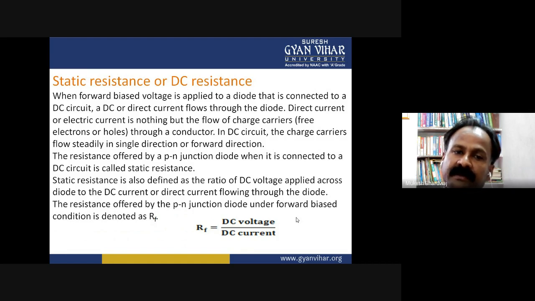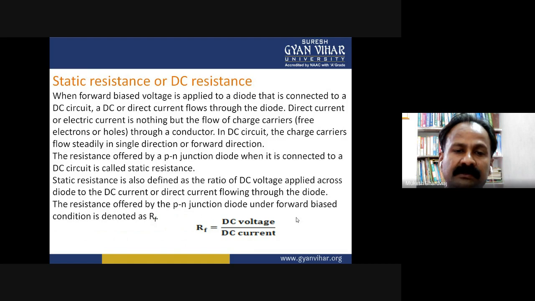Direct current or electric current is nothing but the flow of charge carriers, free electrons or holes, through a conductor. In a DC circuit, charge carriers flow steadily in a single, forward direction. The resistance offered by a PN junction diode when it is connected to a DC circuit is called static resistance.